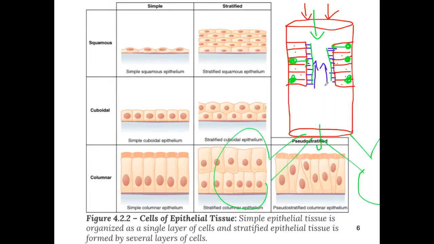Okay? So it traps it, and then all you have to do is cough, and then you can force all the gunk outward.